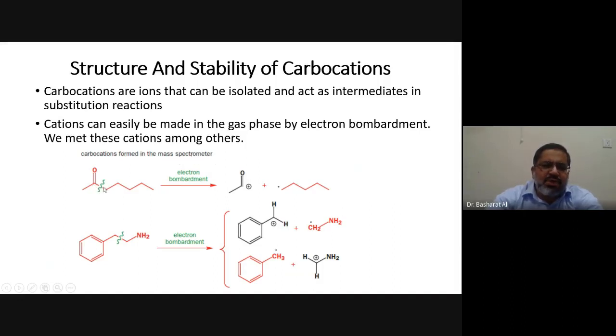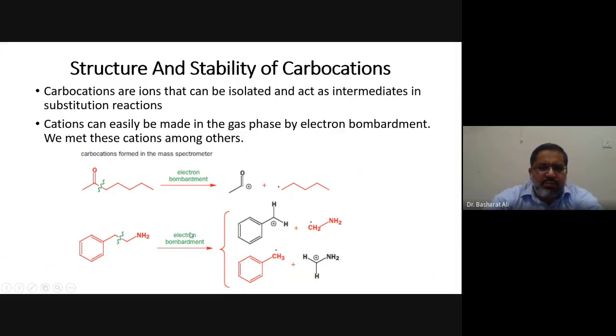Here you can observe that whenever fast moving electrons bombard a molecule, it breaks the molecule down into smaller fragments. Here is electron bombardment. This gives an acylium ion as well as a free radical. Similarly, in a mass spectrometer, electrons are bombarded on this molecule.